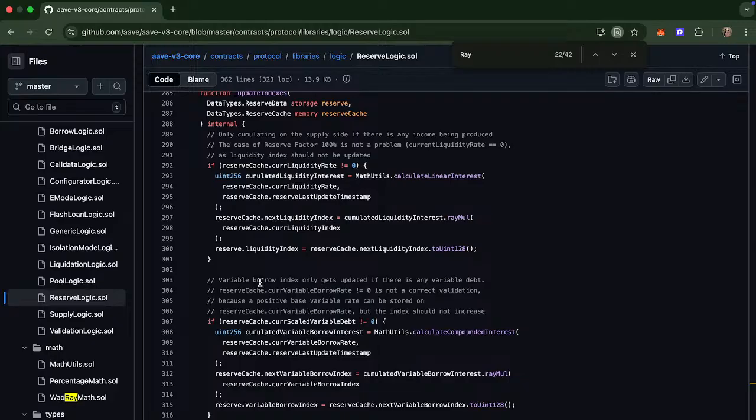Calculate current linear interest by timestamp and current liquidity rate. And the next, update the indexes, transfer the event, then update the rate again with current liquidity.